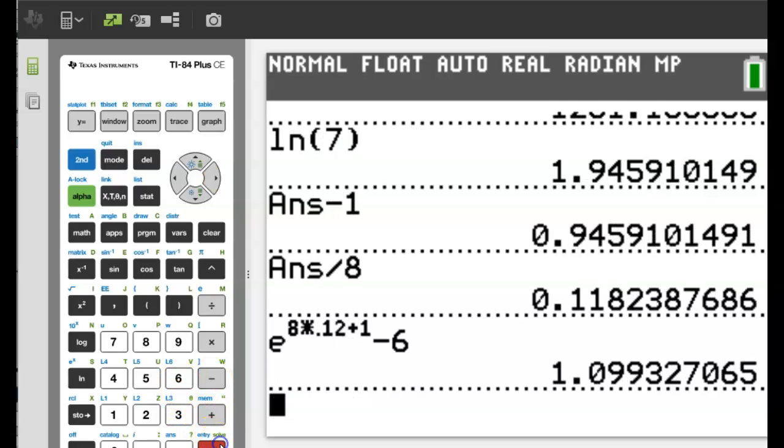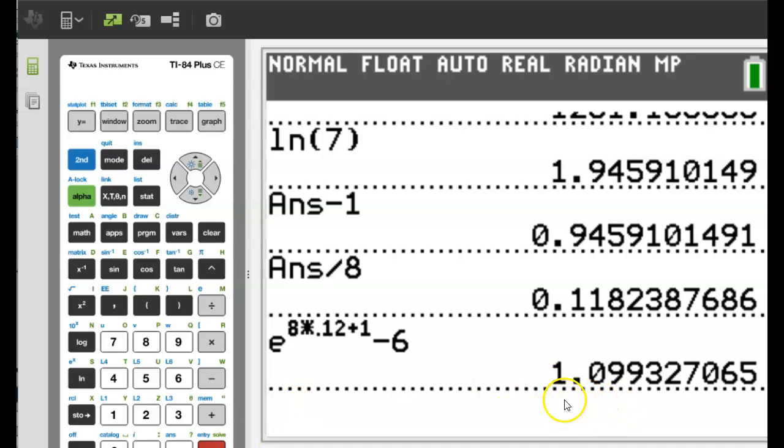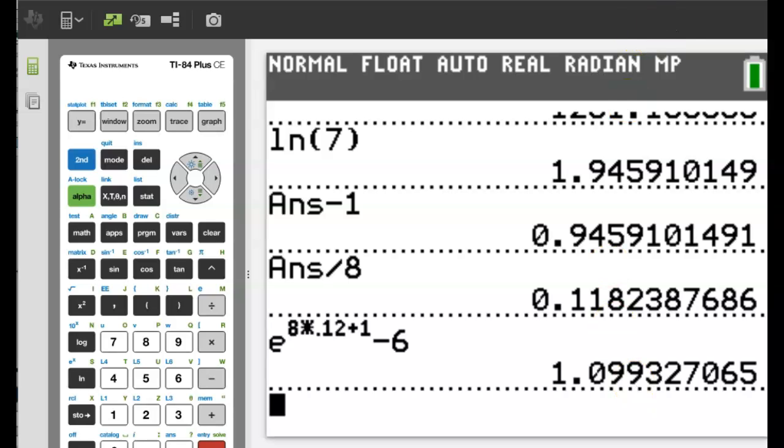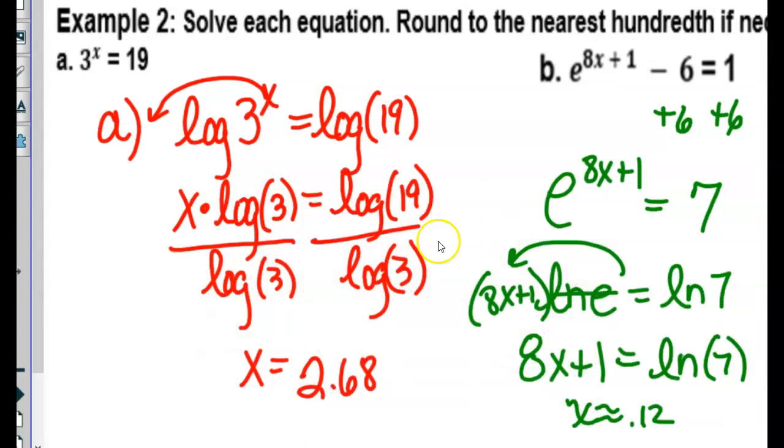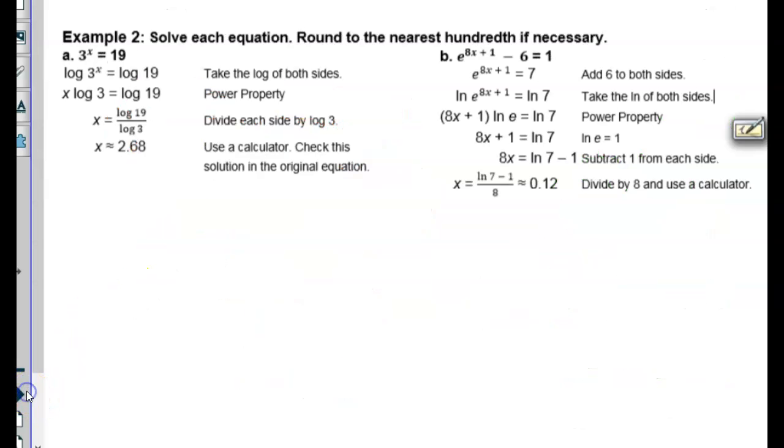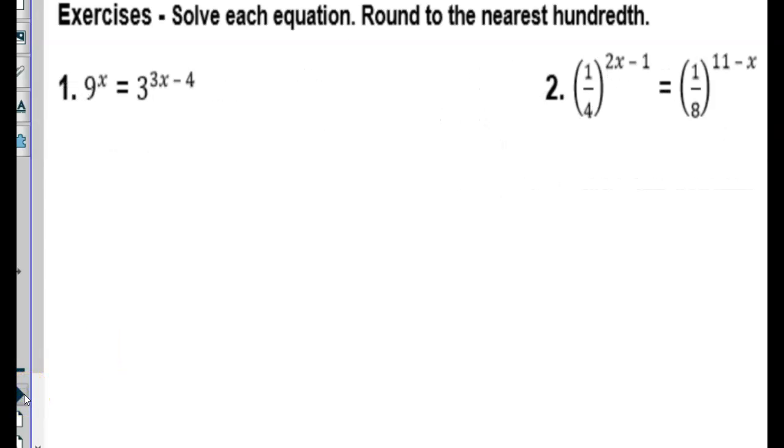And it was supposed to come out 1. I got 1.099. So not super close, right? 1.1? Yep. And it would have been better if we'd gone 3 places, would have been just a little more accurate, but it's all good. All right, so let's practice this.